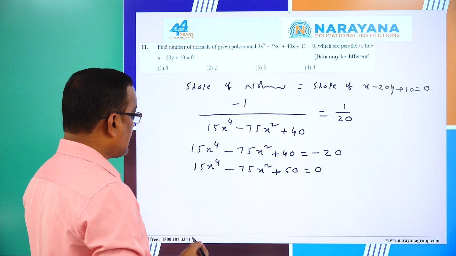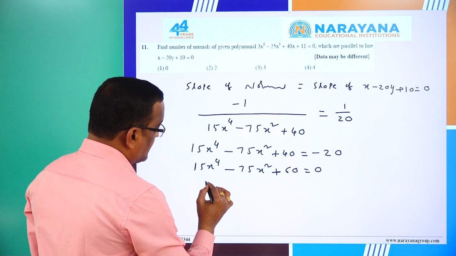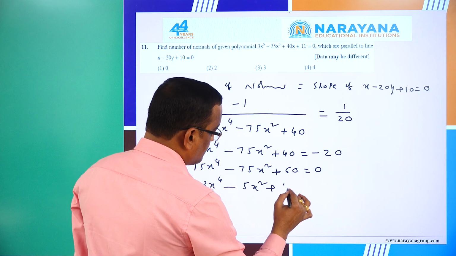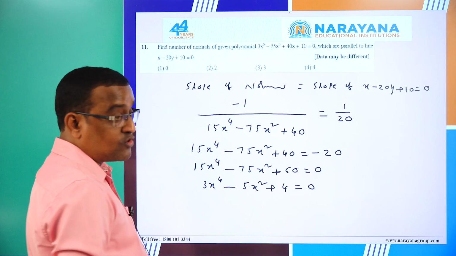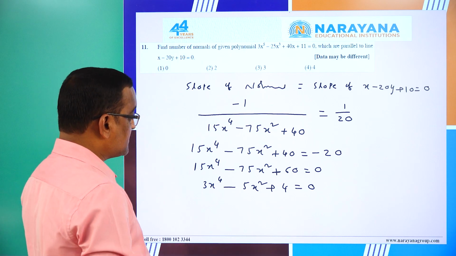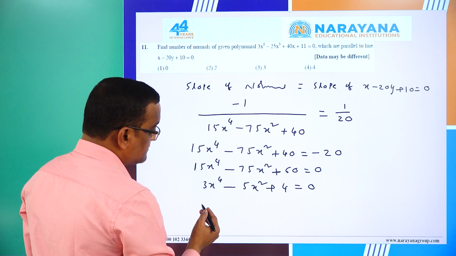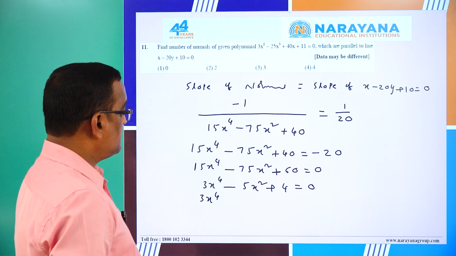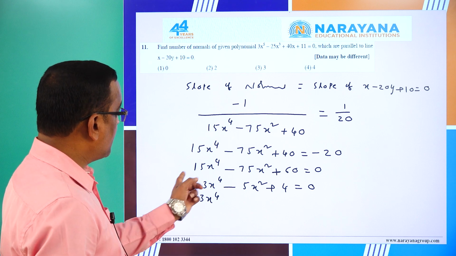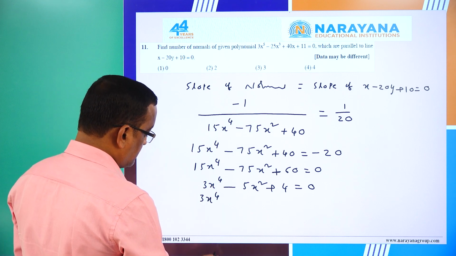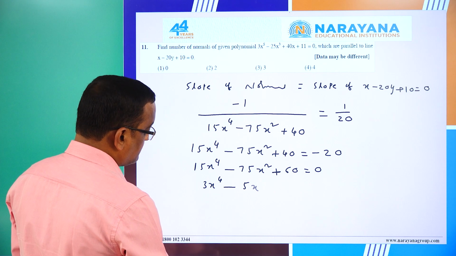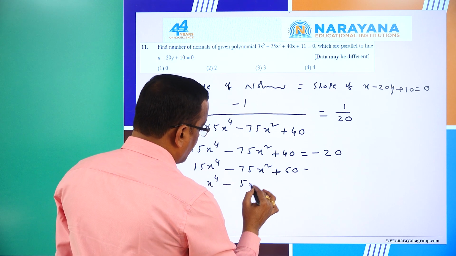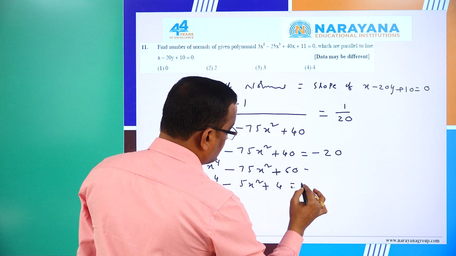Now we have 15 common, so dividing with 15, this is x power 4 minus 5x square plus 4.